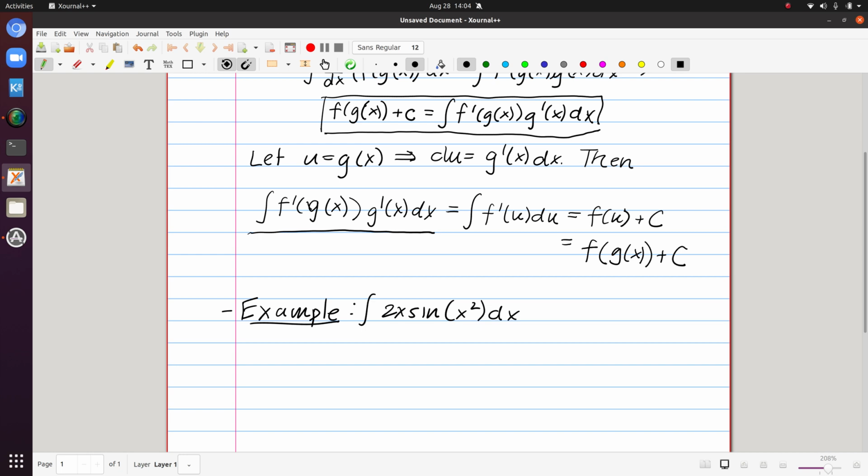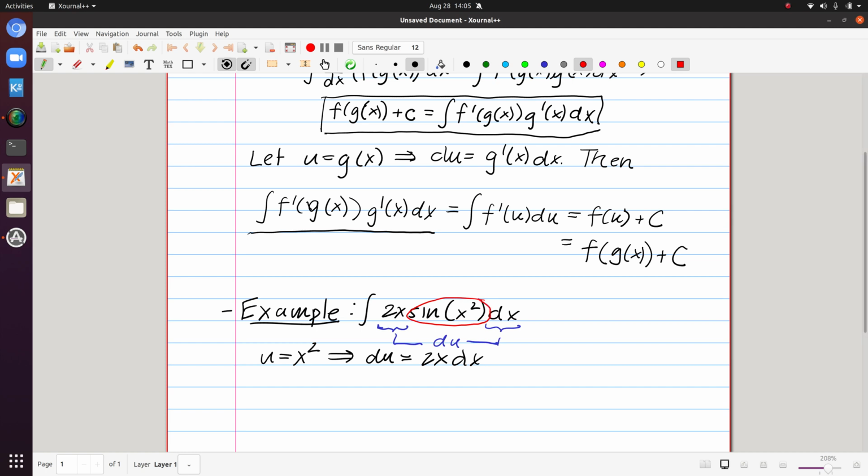Later we'll see really a constant multiple of that derivative would suffice. So with that in mind, I'm going to choose u to be x squared. And then du would consequently be 2x dx. So my 2x dx, I can now replace with du.